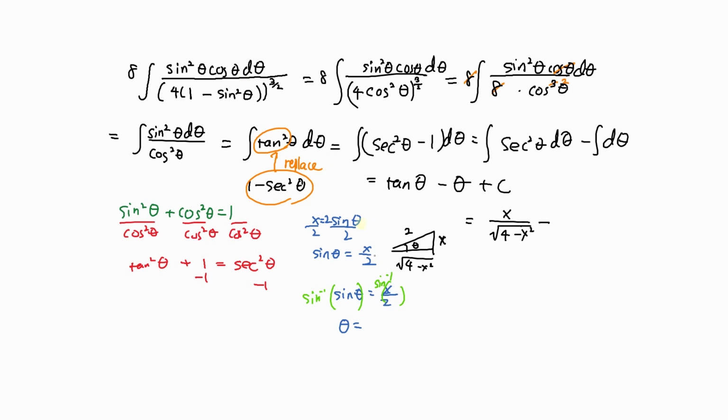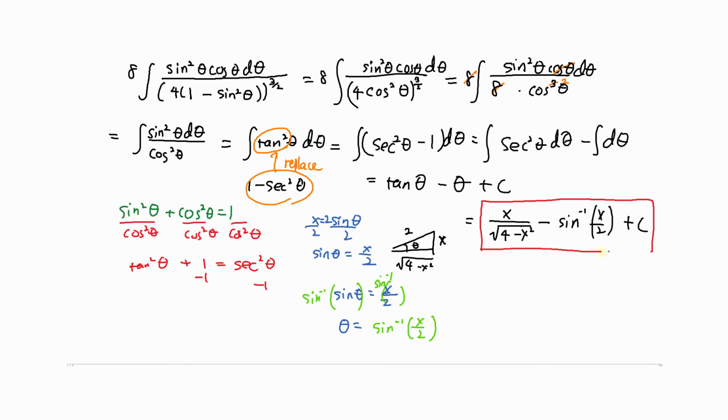So theta equals inverse sine of x over 2. That simply replaces the theta, and notice that the answer is in terms of x, so we are in good shape. Plus c, and that's our final answer. So this is an integral using the trig substitution.